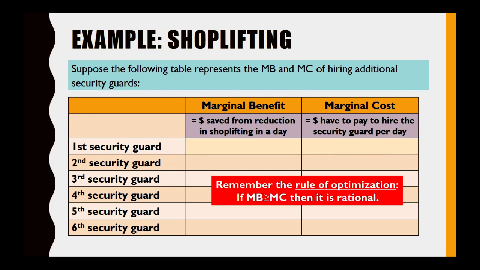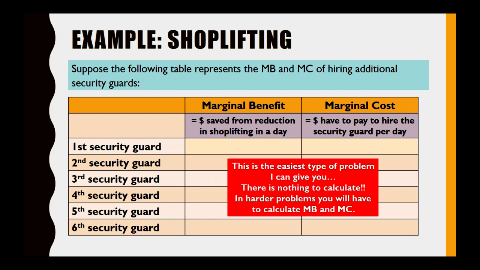So remember the rule. If marginal benefit is greater than or equal to marginal cost, then it's rational. Normally you're going to see me write the rule of optimization like that. Now, before we move on, let me just warn you guys that this is going to be super easy, because this is the easiest type of problem that I can give you.